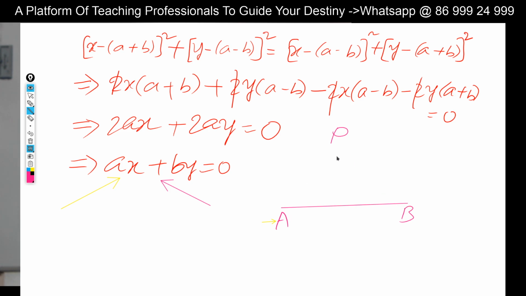The condition given is that whatever the distance from P to A is the same as P to B. That means PA is equal to PB. You will find such a point on the same plane which is also at the same distance. This is also P, I'm saying.